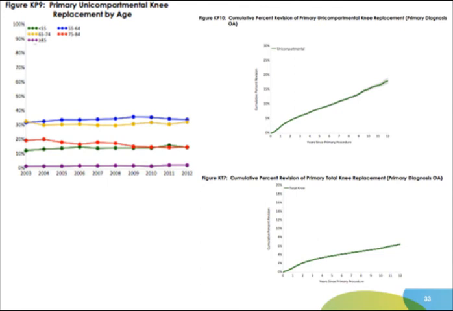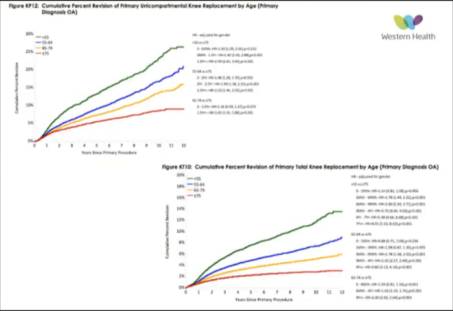In fact, if you look at the male versus female, the males actually go from being a linear curve to about 10 years where it starts to pick upwards. So men do worse, especially, and it looks like they will continue to do worse as time goes. Looking at the failure rate with age, as you can see, as with total knees, in a unicomp, they do worse, and it looks like worse early, and then continue to do worse.